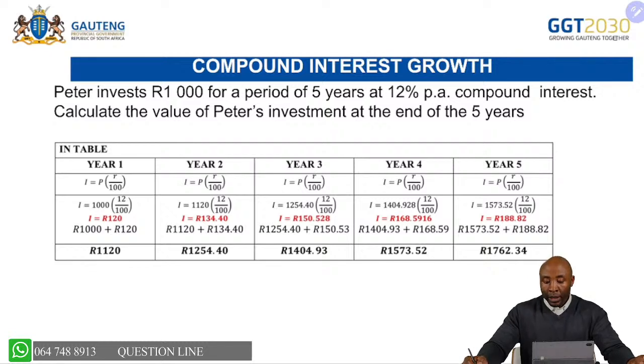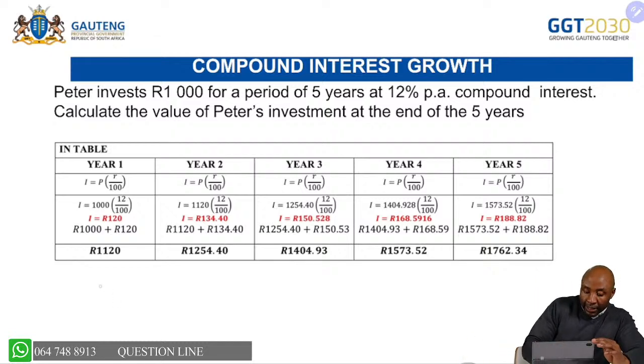And that is how we'll end up having an answer of 1,762.34. Again, I will ask you to plot the relationship between the amount in the account at the end of year 1, year 2, year 3, year 4 and year 5. You will realize that you will have something like that. Here we are having an amount. We are starting with 1,000 here.